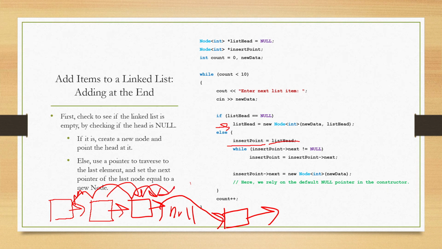From there, I would have this pointer equal to the null pointer. Since the next one is null right now, I'm going to assign the next pointer to this pointer. It's a little bit confusing.